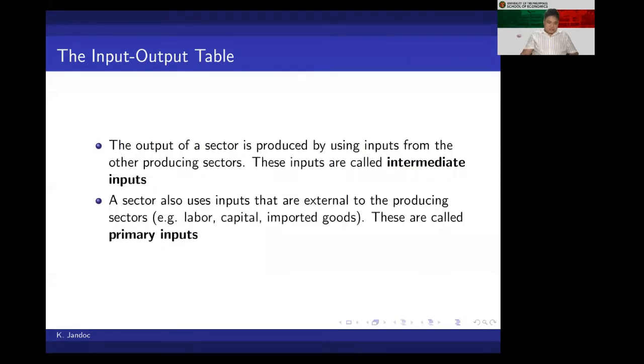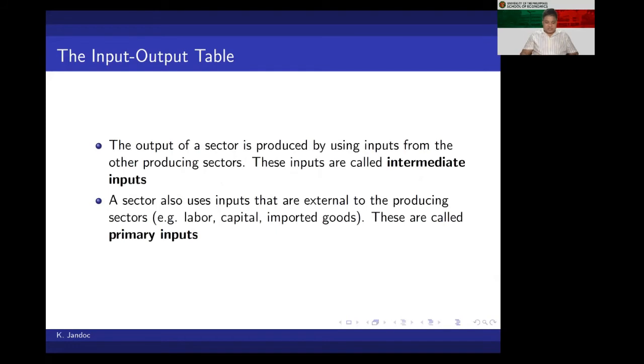The output in certain sectors is produced by using inputs, and there are two types of inputs in this model. First are intermediate inputs. These are inputs coming from the other producing sectors.